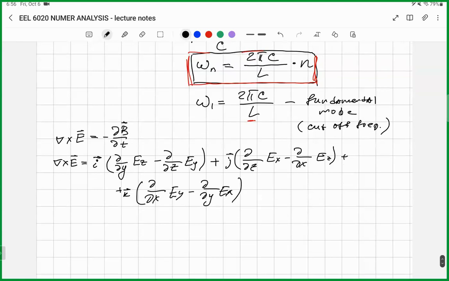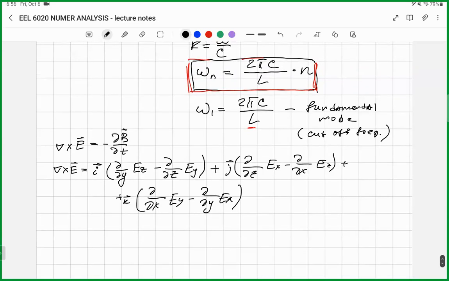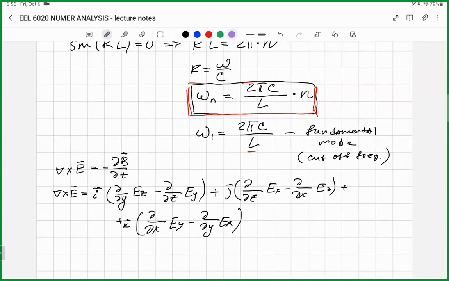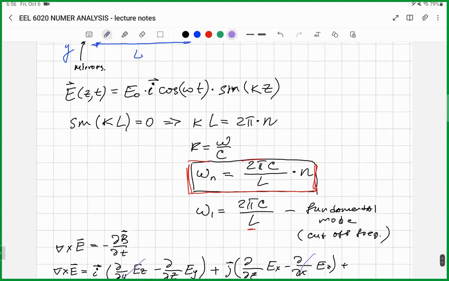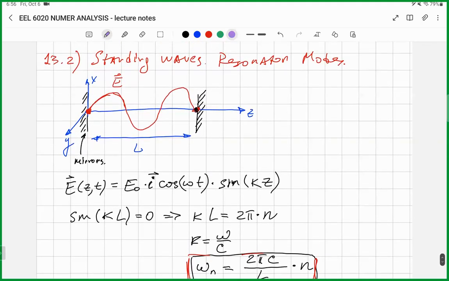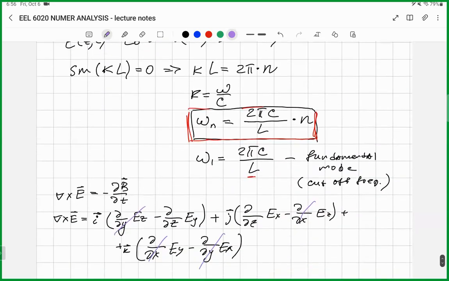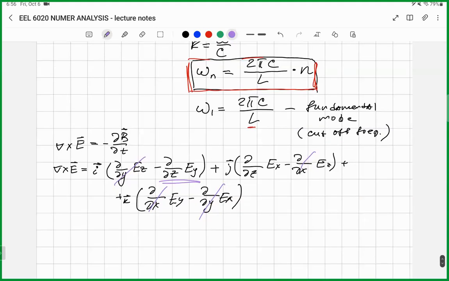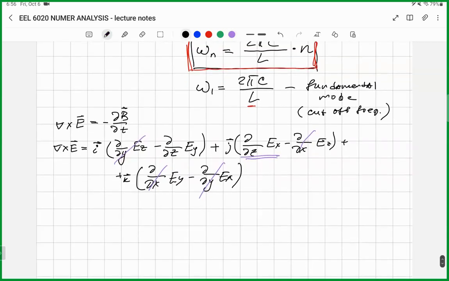In our case, the electric field only depends on z, so these terms are 0. Also the field is assumed to be polarized along x, so we have only one component.